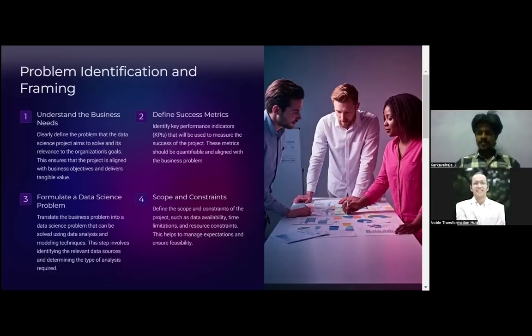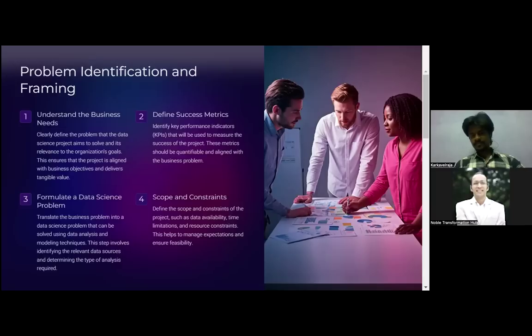First, understanding the business needs. We need to clearly define the problem that the data science project aims to solve, and its relevance to the organizational goals. You need to clearly define the problem which needs to be solved. What is the problem?